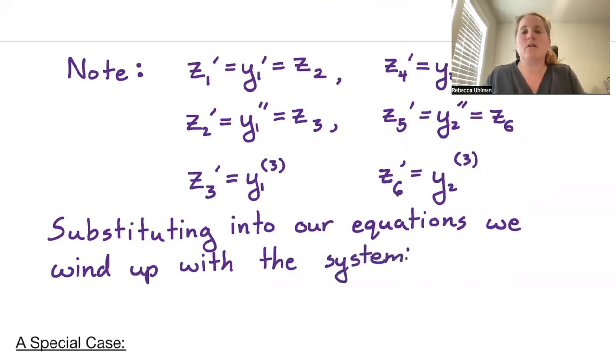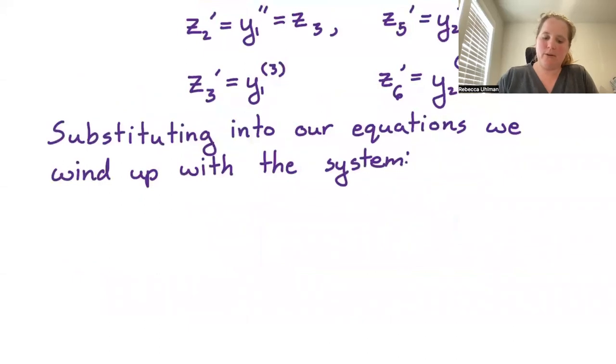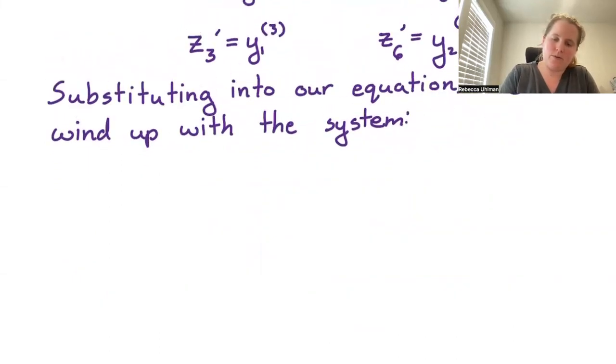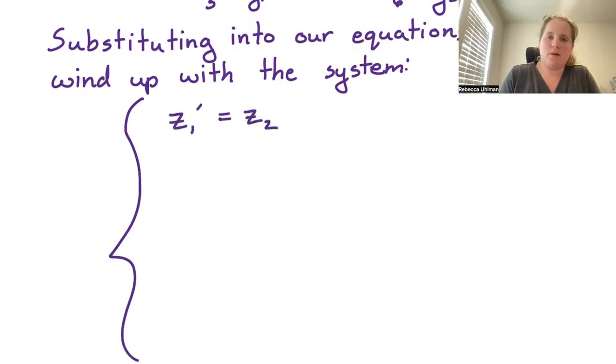I need to give myself a little more space. We'll have a differential equation for each. We already established the fact that z1 prime was z2. We already established the fact that z2 prime was z3.